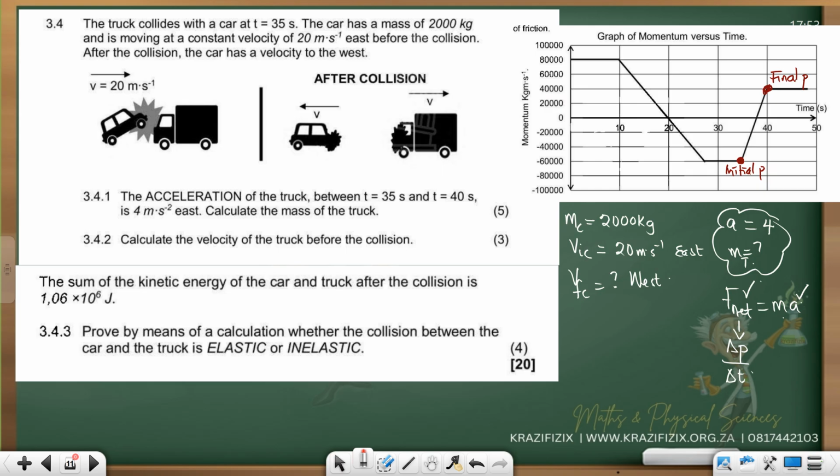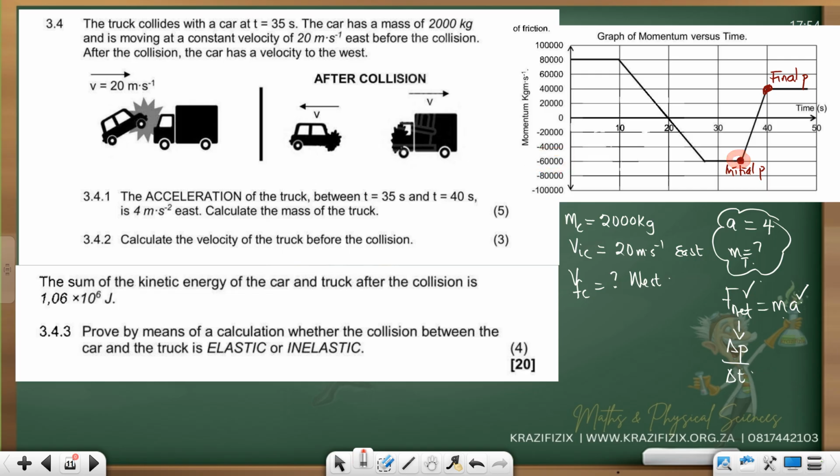All right, they said 35 and 40. So you see, whenever you see this line here, that's the time of collision between two objects. And the gradient would actually give you net force. So that's why we use that negative 60,000, because that's our initial momentum.